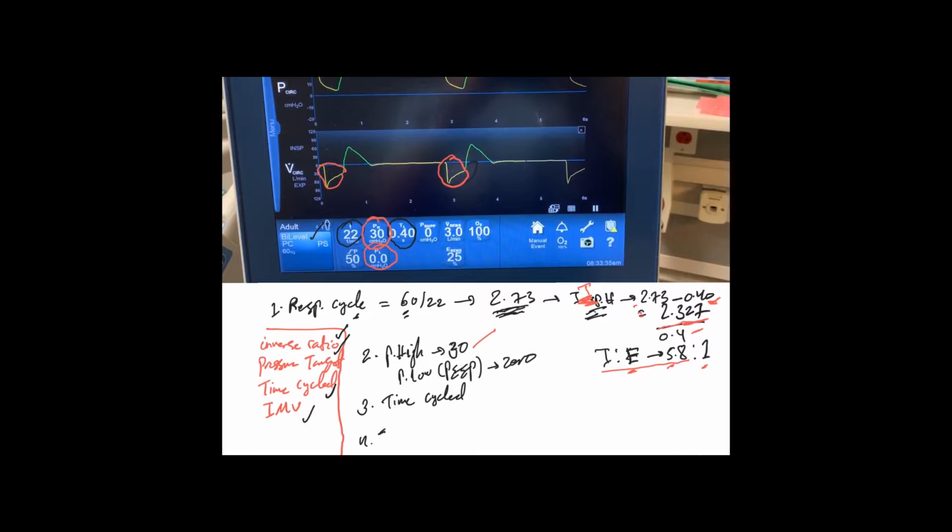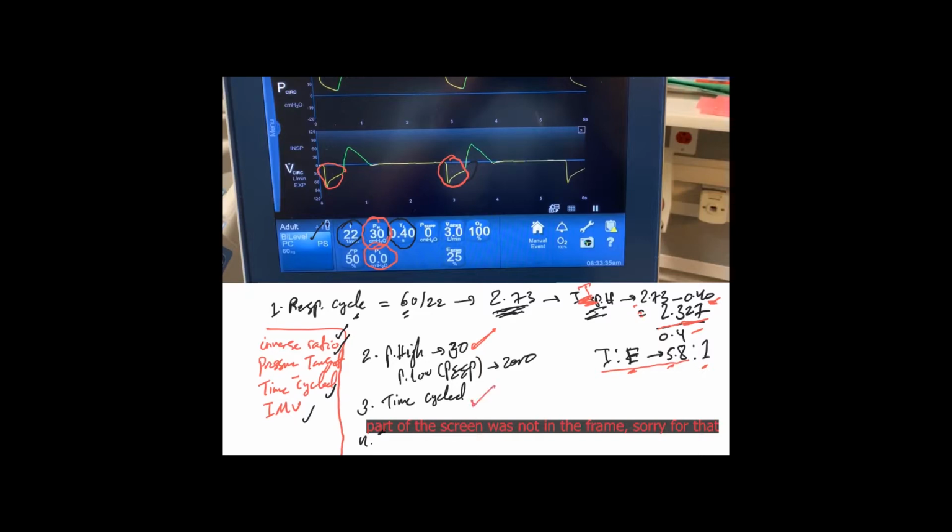But again, you can use a pressure low if you want. So that's the pressure target. With each inspiration we give this pressure high, and the pressure low is 0.